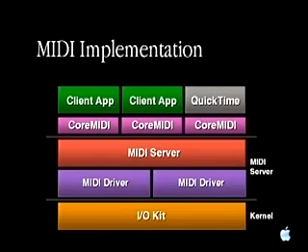Above that, we've got MIDI drivers, which are typically IOKit user clients. And they're loaded and managed by a MIDI server process, which gets loaded automatically by the Core MIDI framework, which your applications link with in their own address spaces. On the right, I've got QuickTime here linking with Core MIDI, just as an example of how QuickTime is just another application in this model.